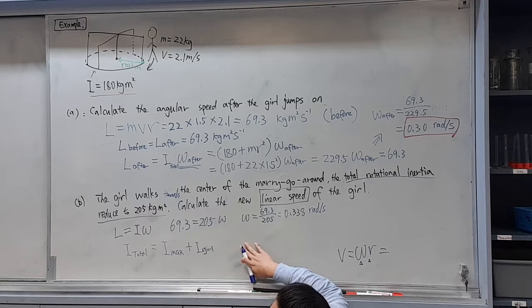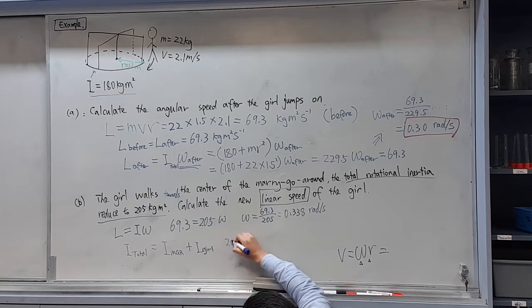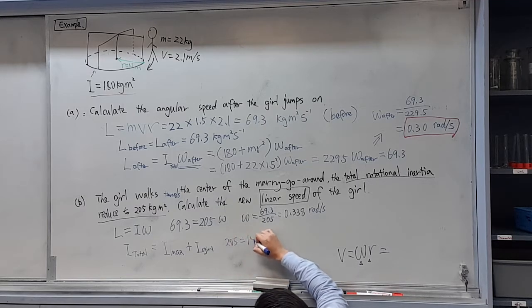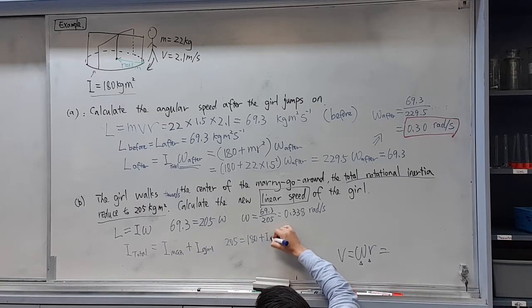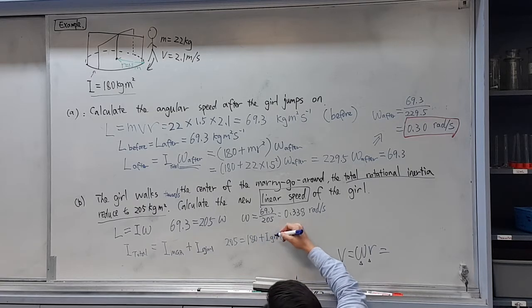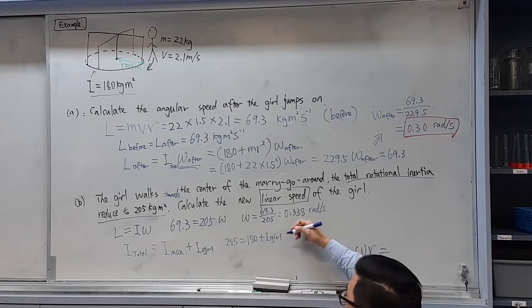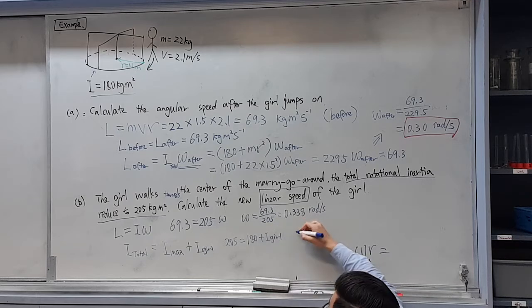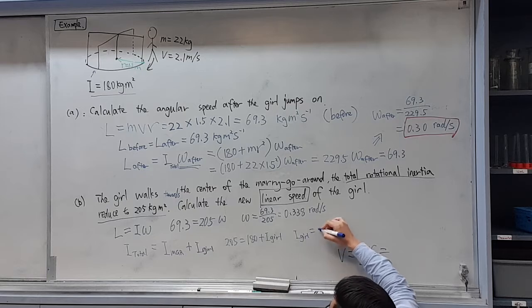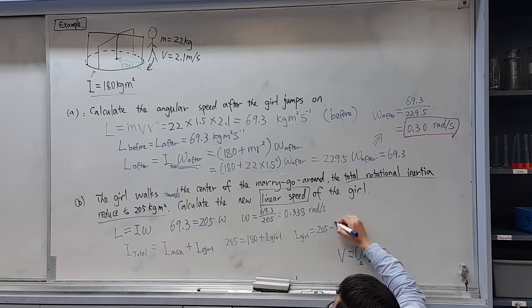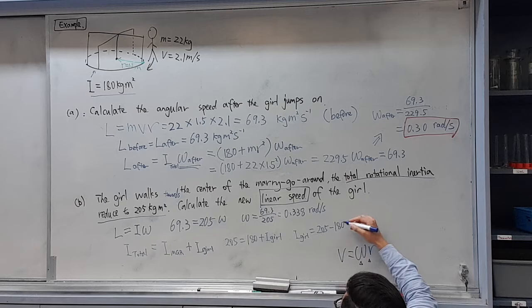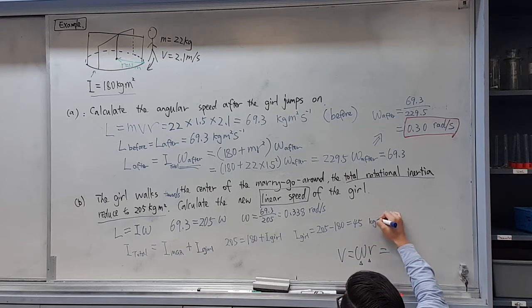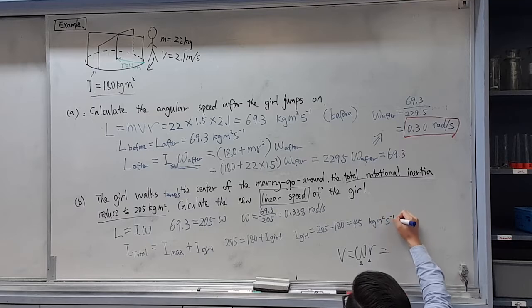Total is 205, equal to 180 plus I girl. So I girl is going to equal 205 minus 180, which gives me 45 kg meters squared.